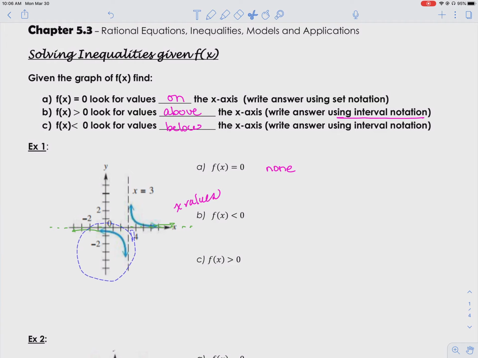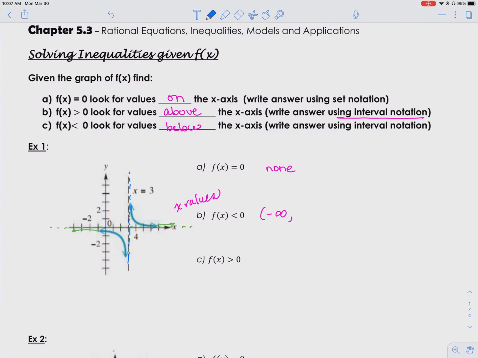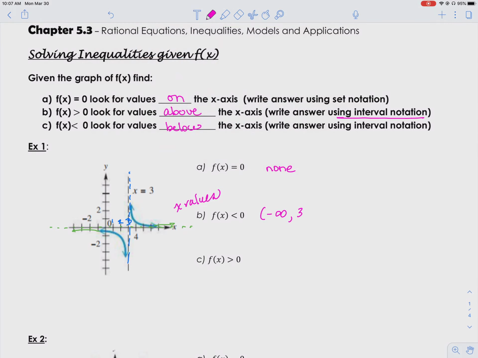That's going to be this part of the graph right here. The x values, that graph is going forever to the left. So it will be from negative infinity all the way up to this asymptote that we have right here, which looks like it's at 3. So it would go from negative infinity to 3, and it doesn't actually hit 3.